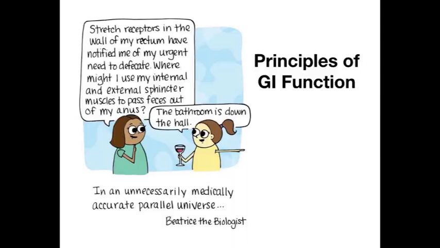Okay, you have several different sphincters. You have an upper esophageal sphincter, you have a lower esophageal sphincter. So this part here, your esophagus, has a sphincter on either end.